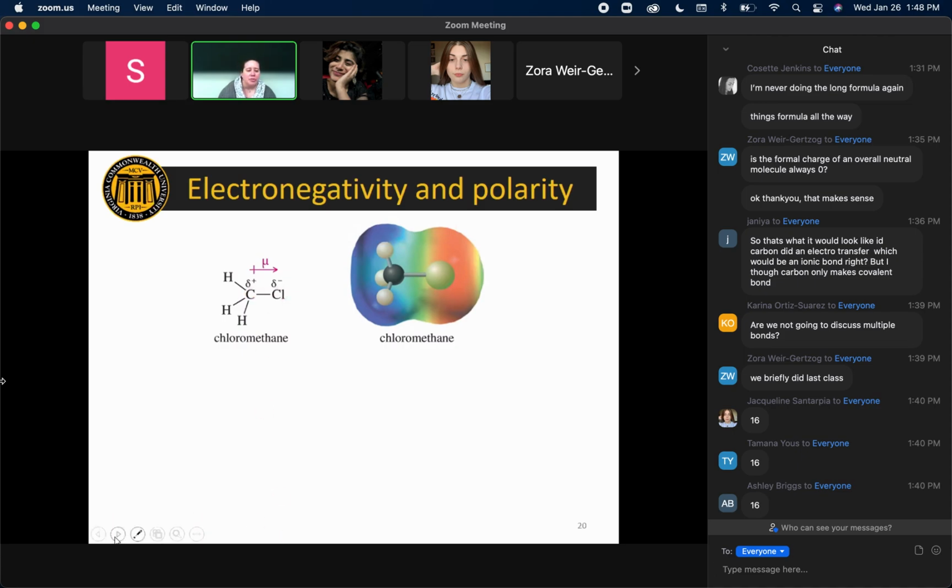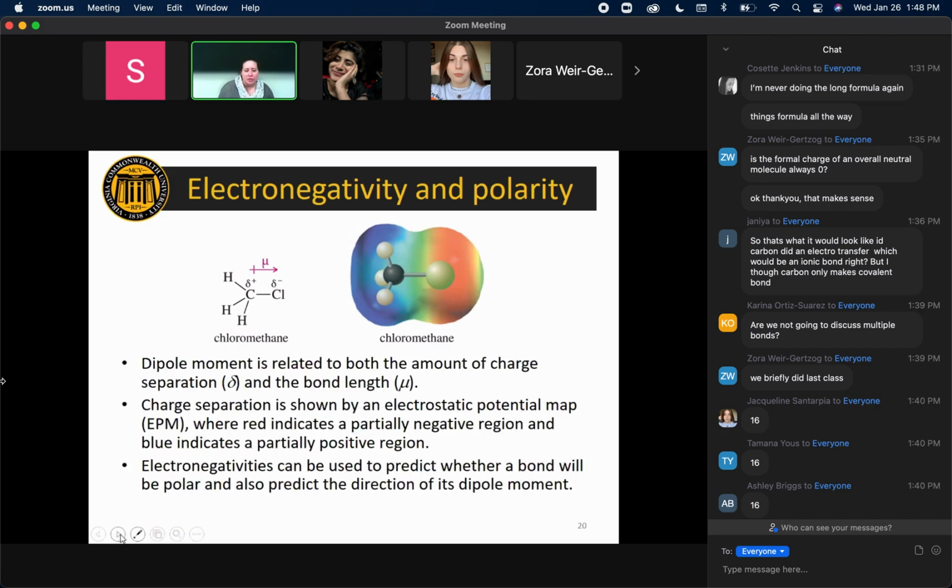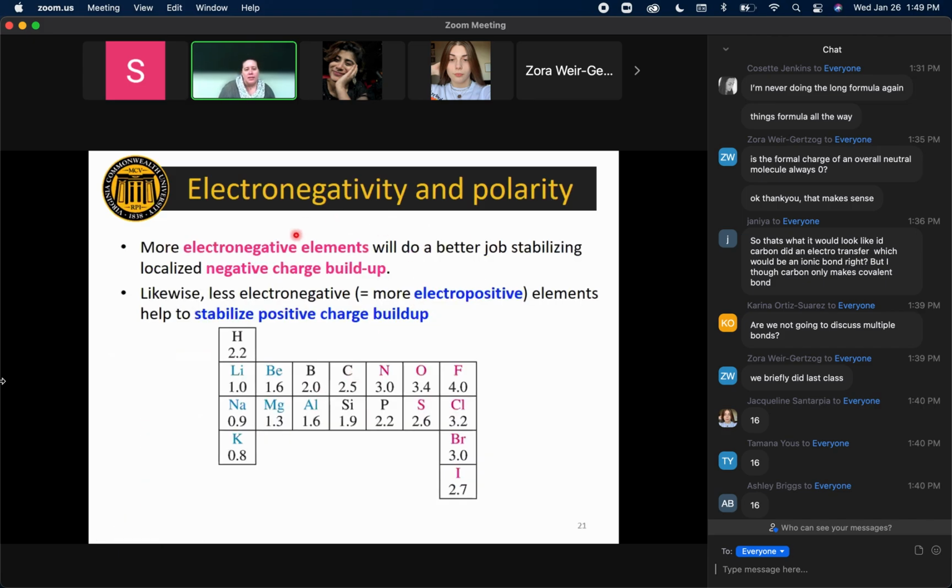I'm actually going to blow through this slide because it's more relevant to later chapters, but you guys can read through this stuff on your own. So I want to get to this slide, which really lays out the truth of it, that the more electronegative elements over here in the top right of the periodic table do a better job stabilizing that negative charge buildup. And the ones that are in the bottom left, the more electropositive elements, do a better job stabilizing positive charge buildup.